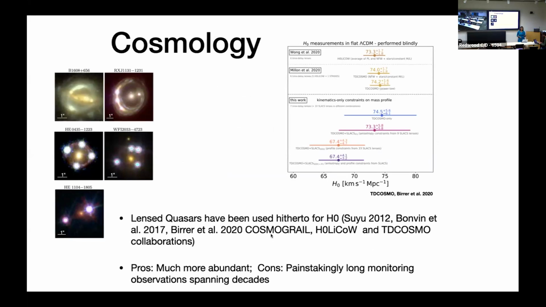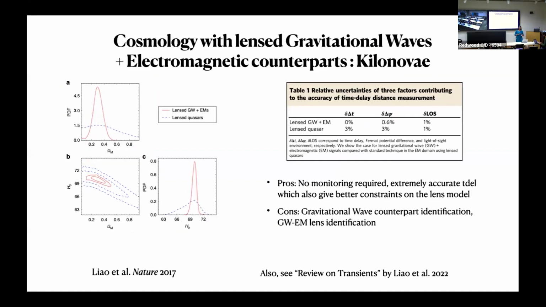And more recently, as you also heard from Brenda, there have been studies of lensed supernovae, which have also helped in constraining H0. But I'm going to talk in a slightly different way. For example, if we are looking at lensed gravitational waves and their electromagnetic counterparts, which are kilonovae, what kind of science can we do, or what kind of improvement can these lensed gravitational wave sources plus their electromagnetic counterparts bring?